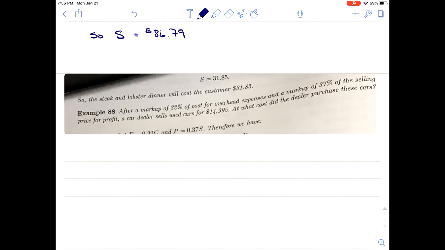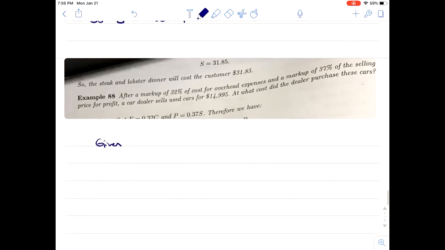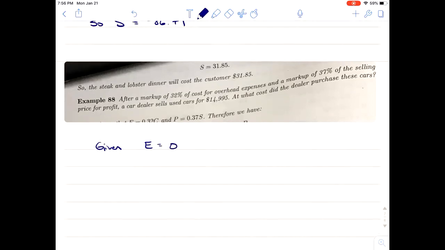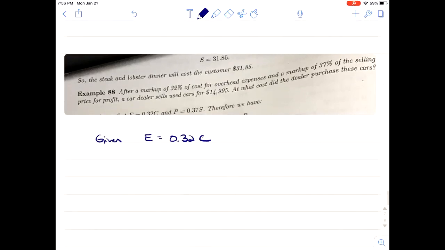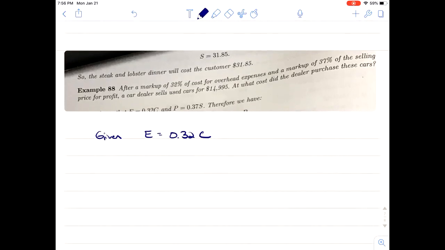So again, we're given that the overhead expenses is 0.32 of cost. I'm just going to start writing them out like that. And a markup of 37% of the selling price for profit. Notice how it gets confusing with the markup and a markup.